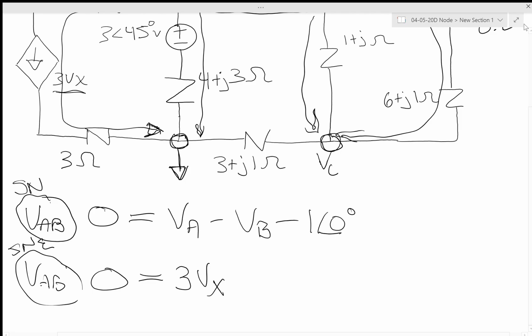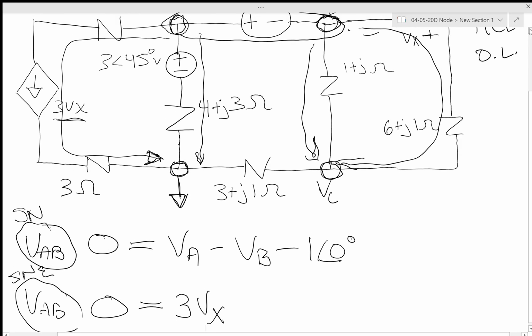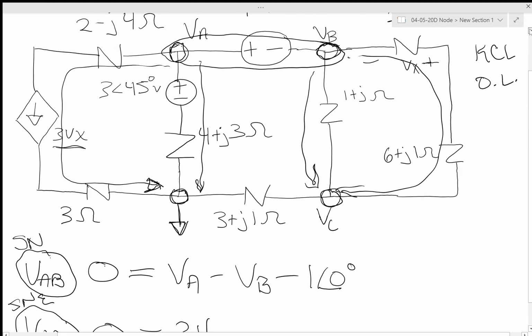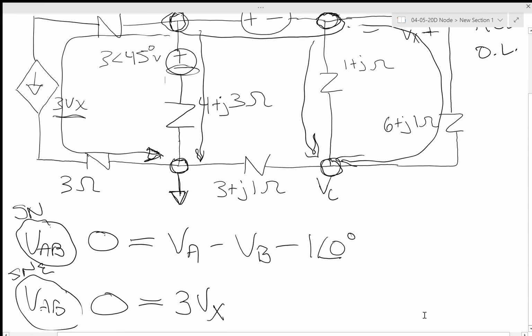So then I'm going to have VA minus 0 and the sign farthest away, 3 angle 45 degrees. So here we go. Got to put that piece of the puzzle in. So this is going to be VA plus VA minus 0.